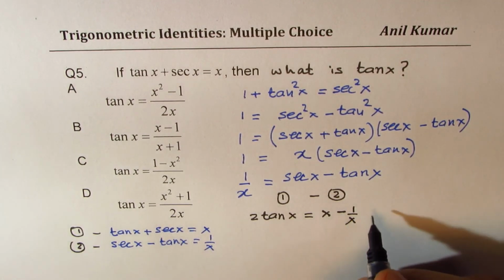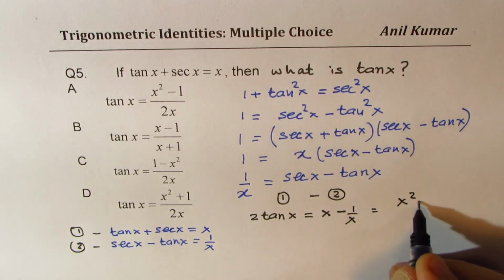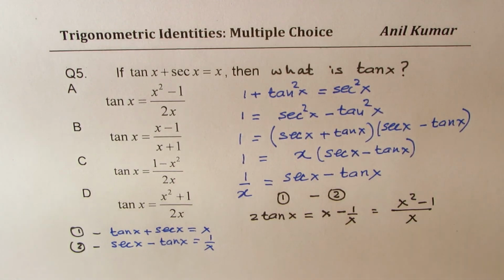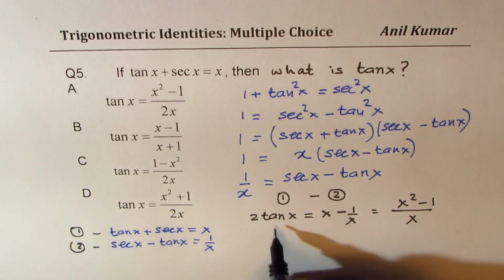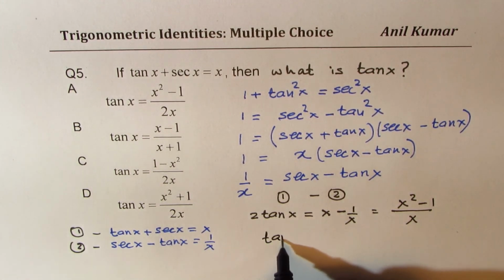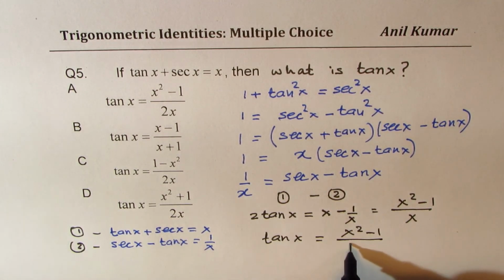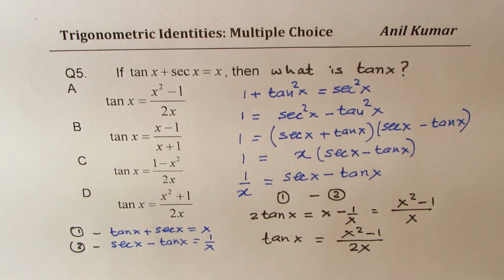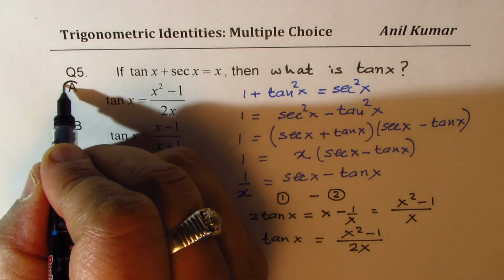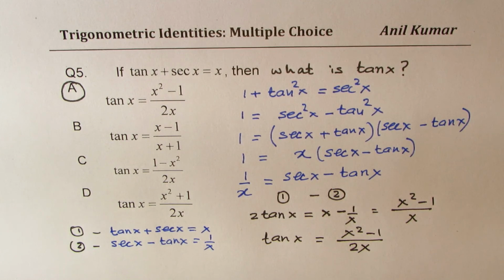Now what is x minus 1 over x? It is x squared minus 1 over x, taking x as a common denominator. So we get the expression for tan x. So tan x is really equal to x squared minus 1 over 2x. Is that clear? So this is our option A. So option A is the correct option for this particular question.